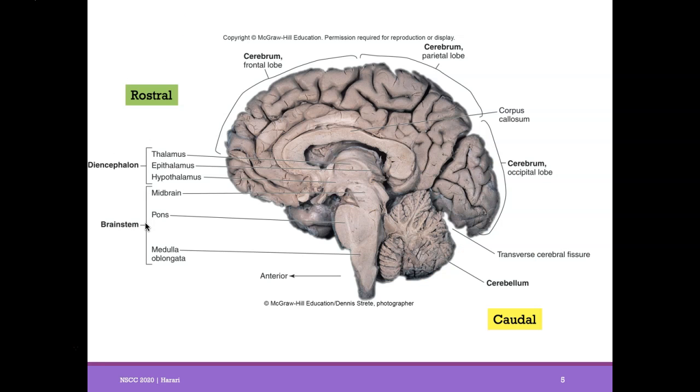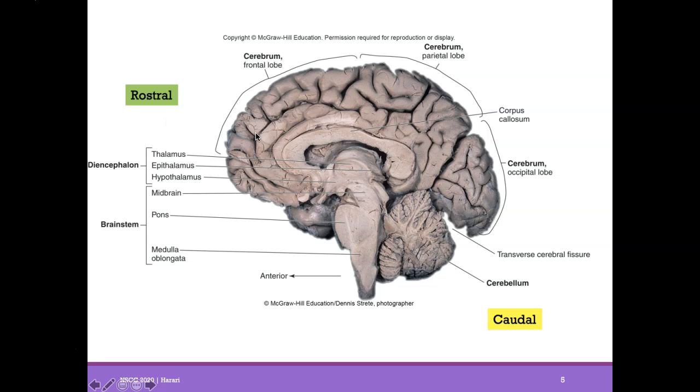When we discuss the brain, we don't use the terms anterior and posterior. We use the two directional terms rostral and caudal. Rostral literally means toward the nose. Caudal means toward the tail. We're going to use these terms for the human brain.